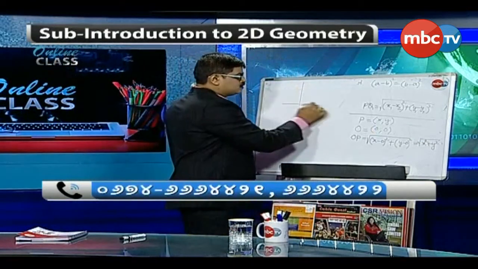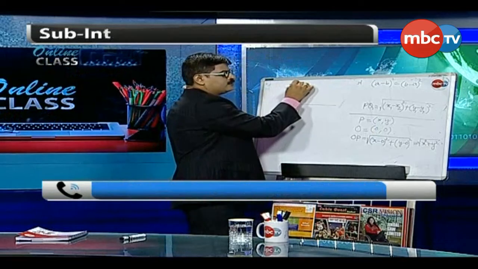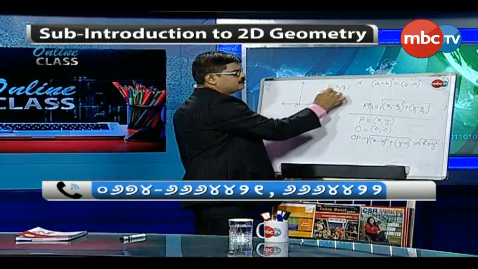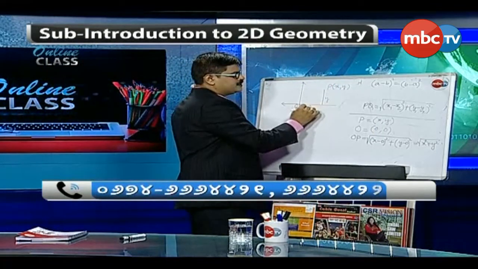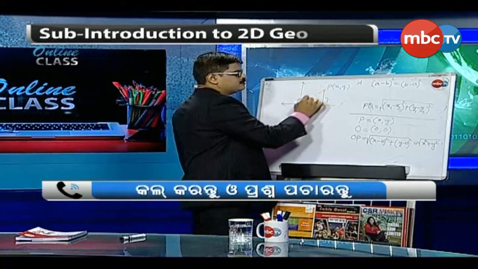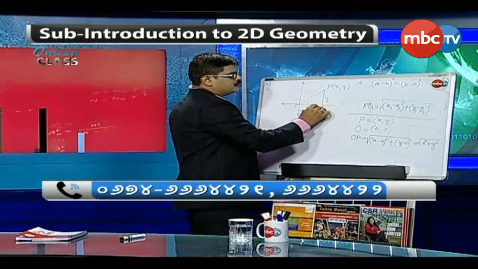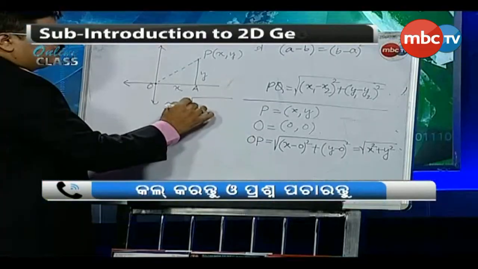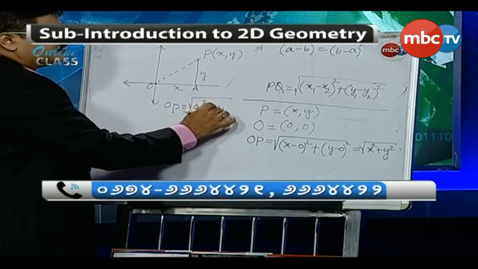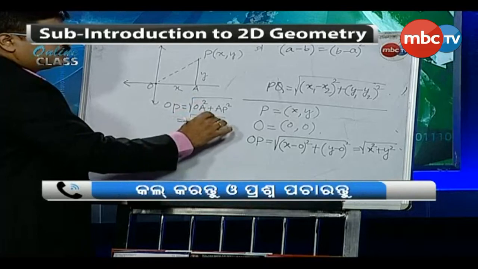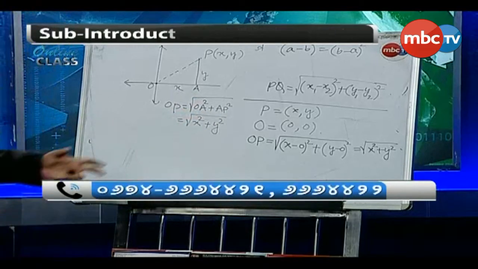You can also do this by applying Pythagoras theorem. How? Say if this point is P(x, y) and this is y, this is x. So, what about the hypotenuse? This hypotenuse OP will be under root OA square plus AP square. Anyway, this will be coming as square root x square plus y square.